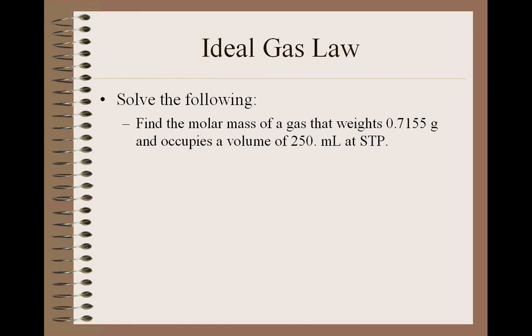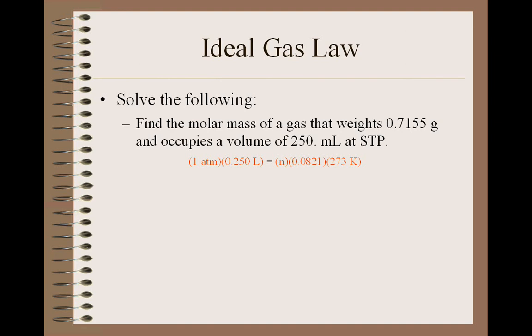So solve the following. Find the molar mass of a gas that weighs 0.7155 grams and occupies a volume of 250 milliliters at STP. STP, standard temperature and pressure. So 1 atmosphere times 0.250 liters. That was our volume. We need to know moles.